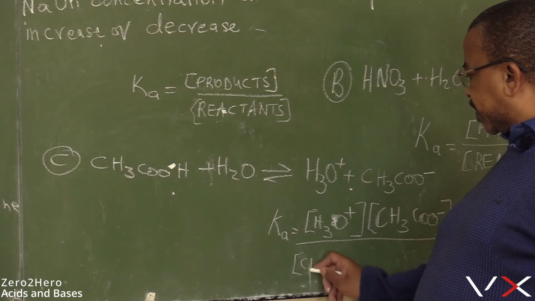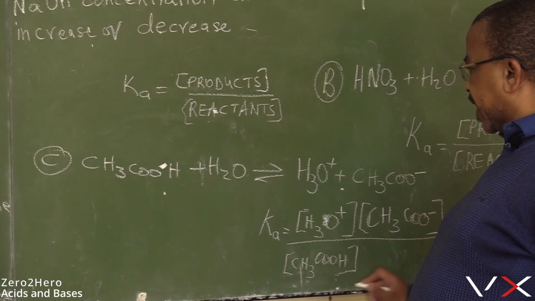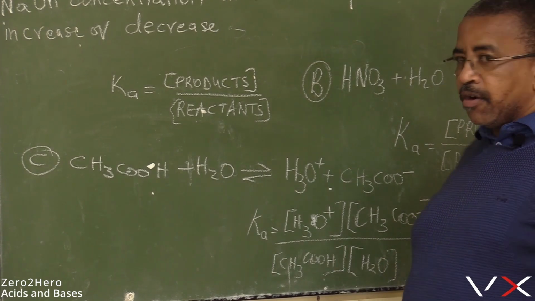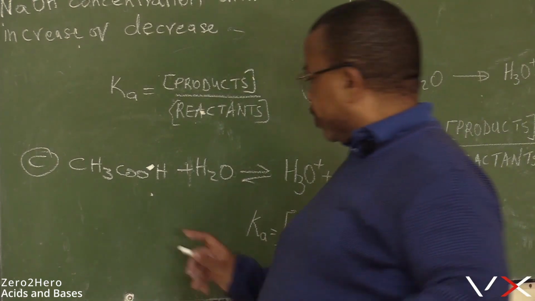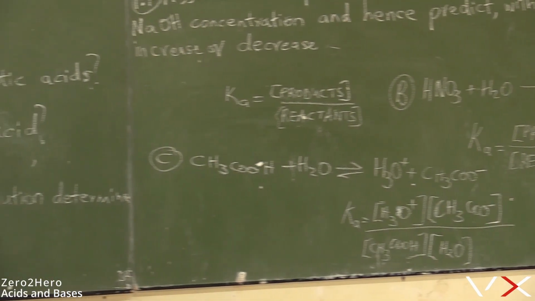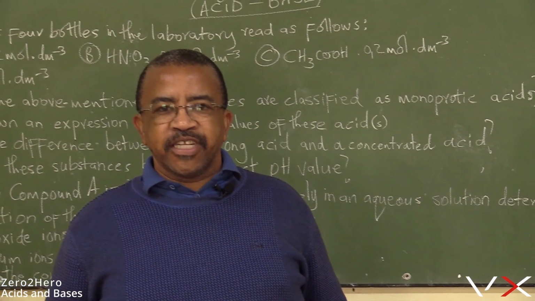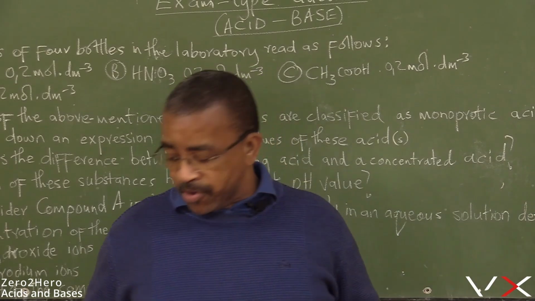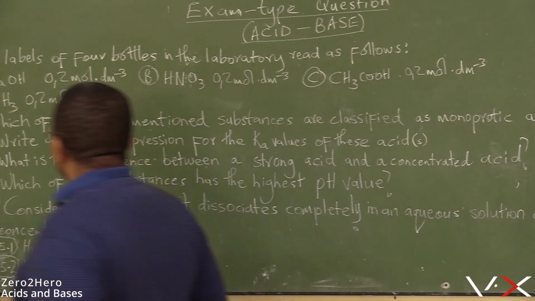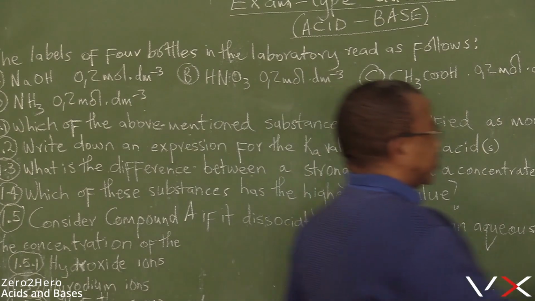It's the concentration of CH3COOH times H2O. We know the conditions of putting all these using the law of mass action. We'll come back to that as we do rates of reaction and chemical equilibrium. But this is how one should write the Ka value for 1.2. Then we go to 1.3.